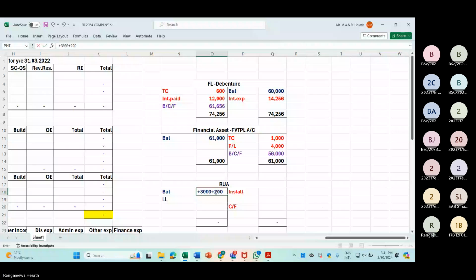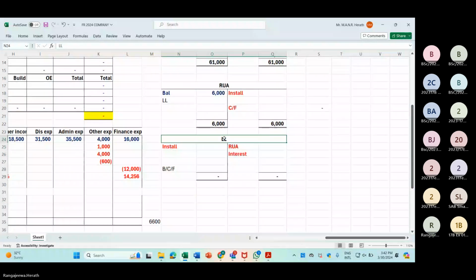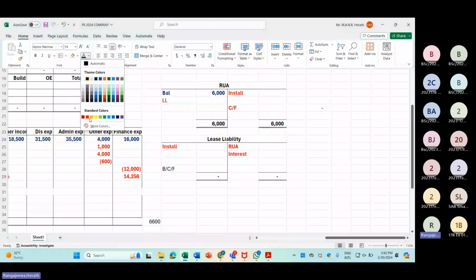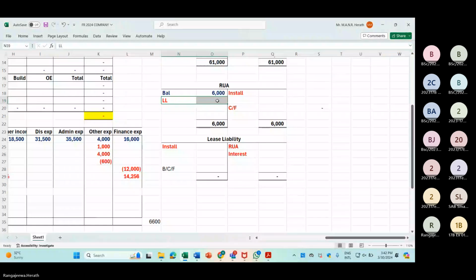But the correct treatment: for the initial measurement of lease liability, we should debit right of use asset account and credit lease liability account, which is $5,985.